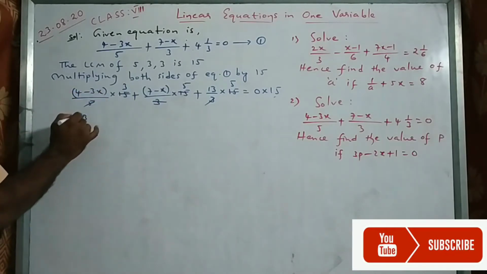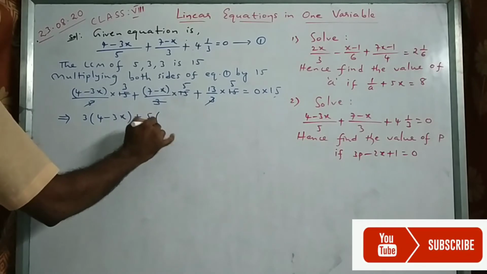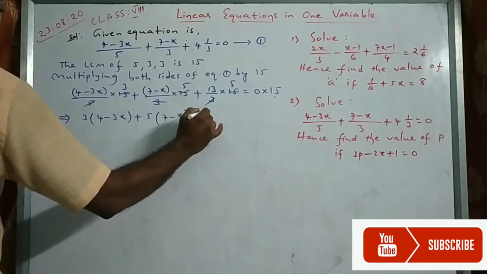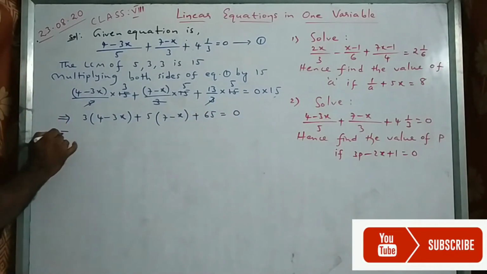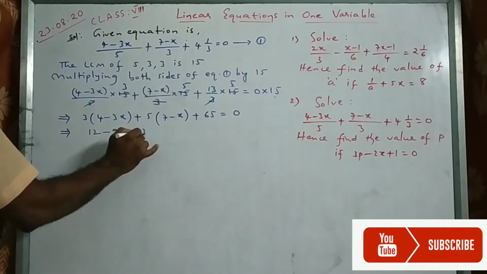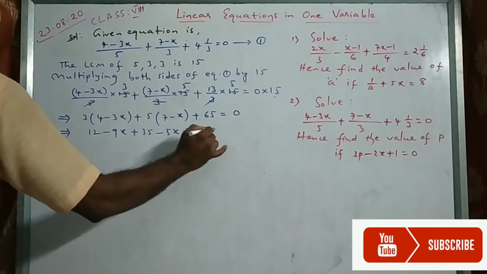So here 3 into (4 minus 3x) plus 5 into (7 minus x) plus 65 equal to 0. 3 fours are 12, 3 threes are 9x, 5 sevens are 35, 5x, plus 65.